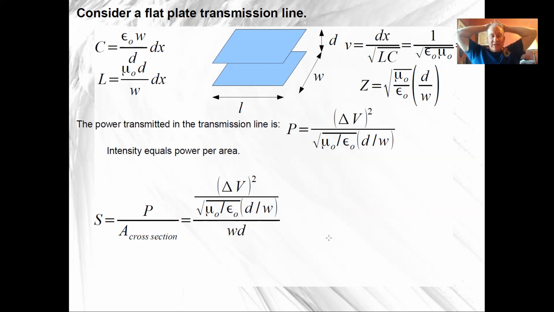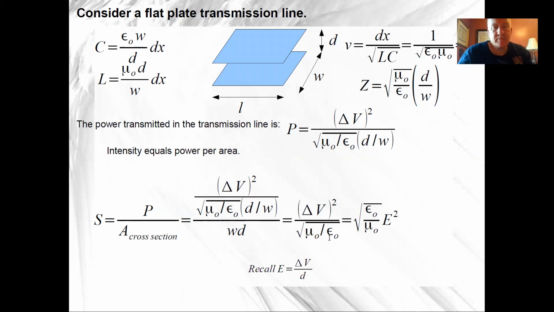So we end up with delta V squared over the square root of mu naught over epsilon naught times the distance between the plates over W, divided by the cross-sectional area, which is W times the thickness between the plates. And if we clean that all up, we end up with V squared over epsilon naught mu naught.